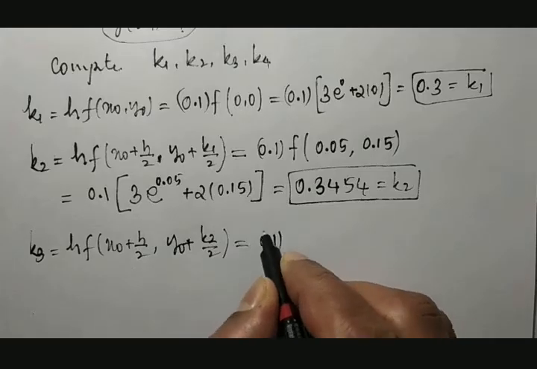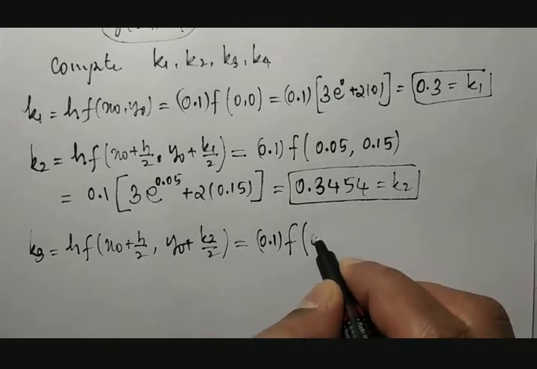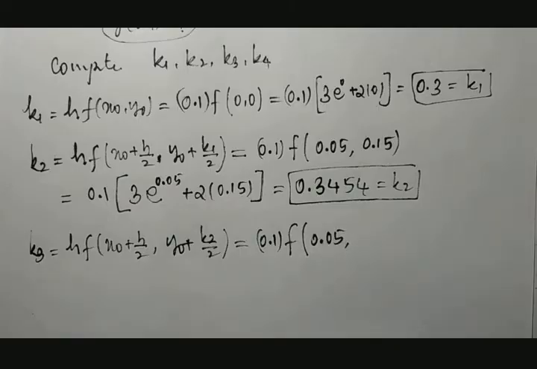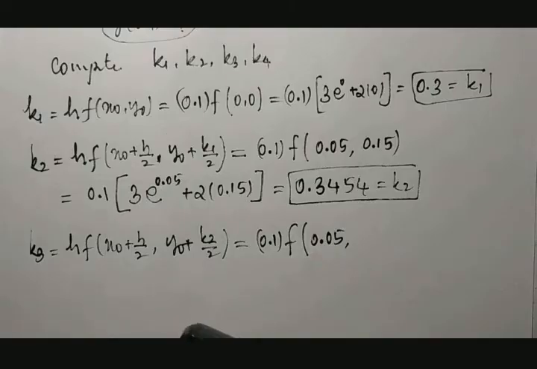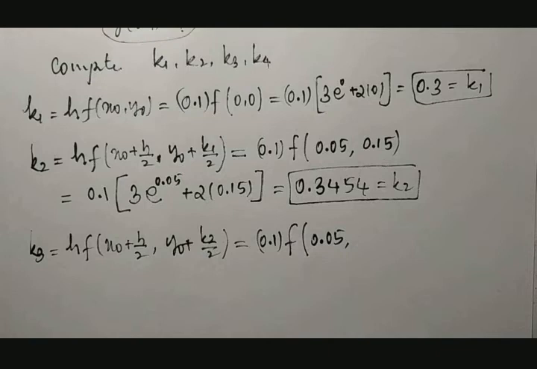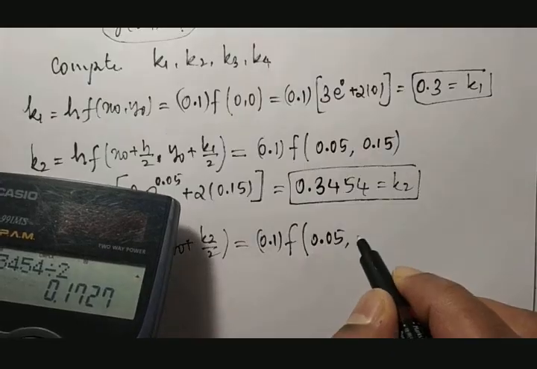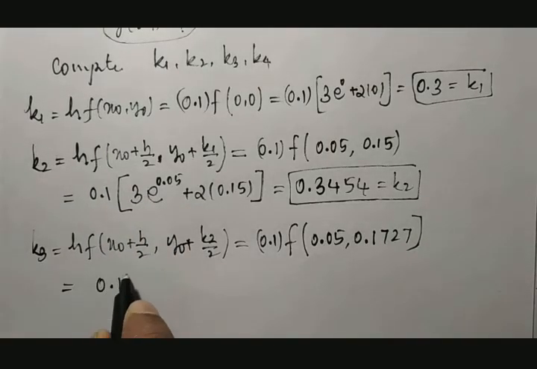That is 0.1 into the functional value. x0 is 0, 0 plus h/2, h is 0.1, so it is 0.05, comma, y0 is 0 and k2 is 0.3454. 0.3454 divided by 2 is 0.1727. Therefore 0.1 into the functional value.